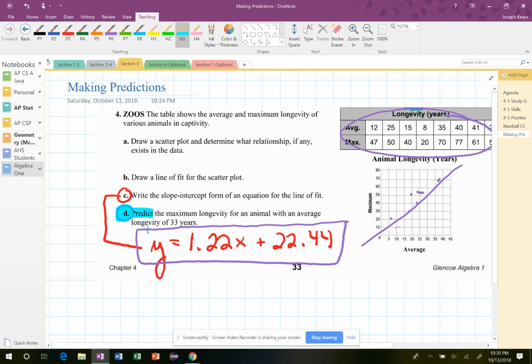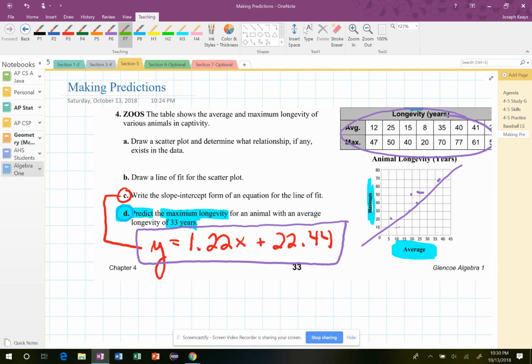We're trying to focus on the prediction. So it's saying predict the maximum longevity, that's this right here, for an animal with an average longevity of 33. So the average is 33. So basically, when it's 33, we're asking what's the predicted maximum longevity for an average animal with 33 years.